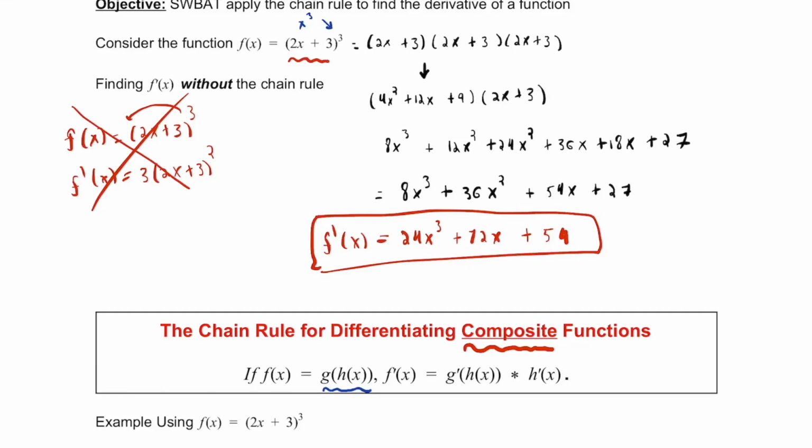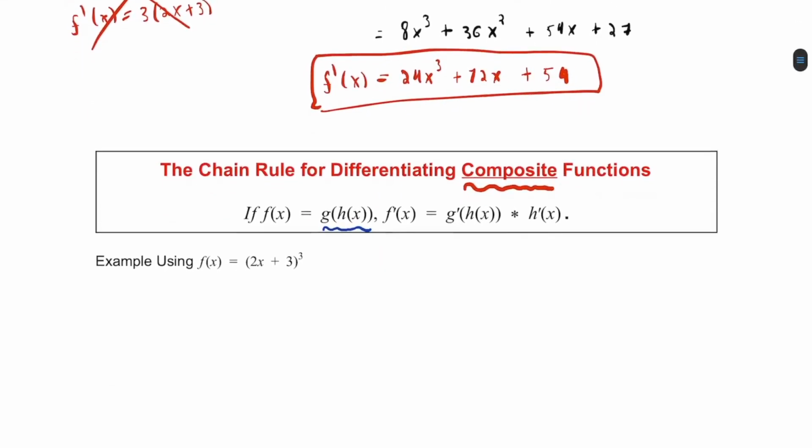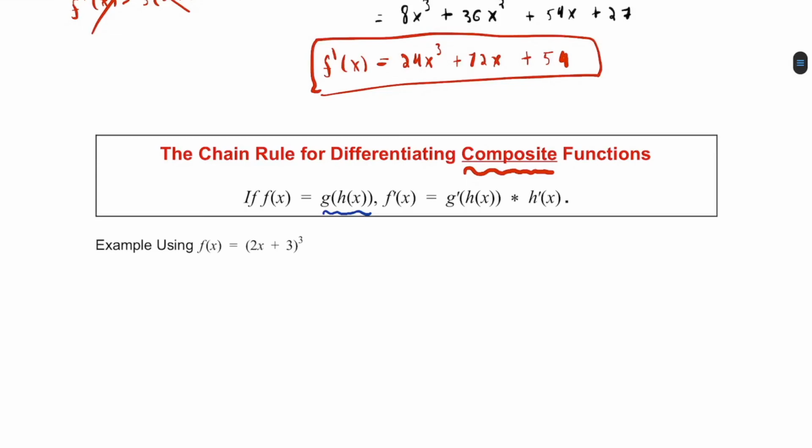So if you've got g of h of x, the derivative, it turns out, is g prime of h of x times the derivative of h of x. G prime of h of x times the derivative of h of x. Now that's one of the more confusing ones until we just break this out simply.